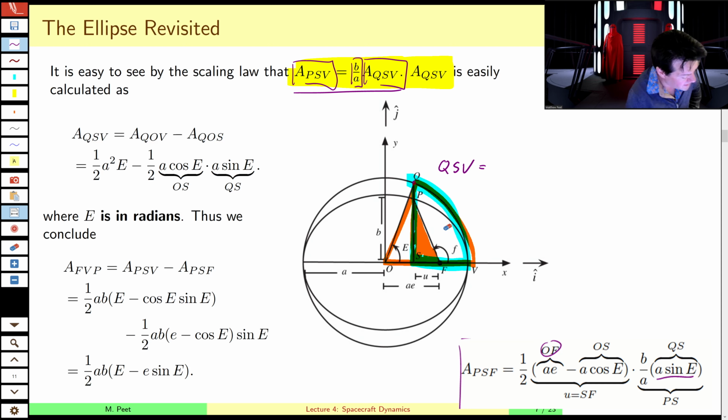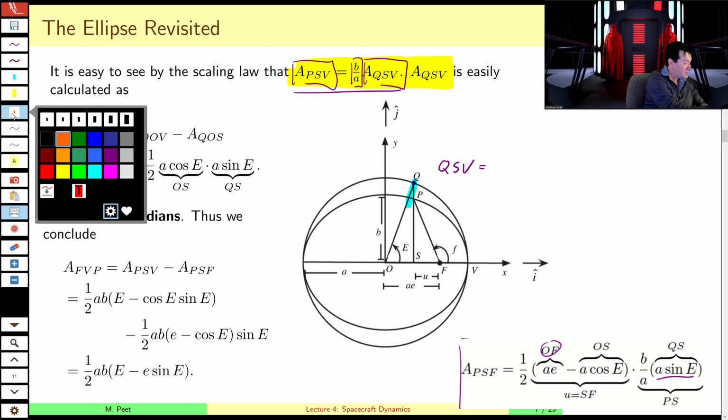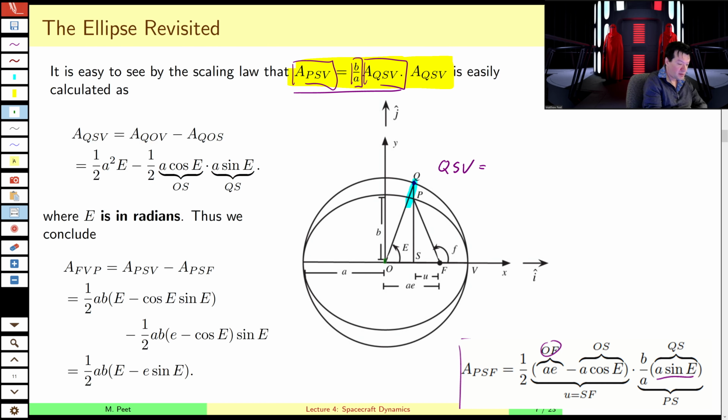Right, so let's find QSV. How are we going to do that? For QSV, as I mentioned, we're going to take that section of the circle. Take that section of the circle.